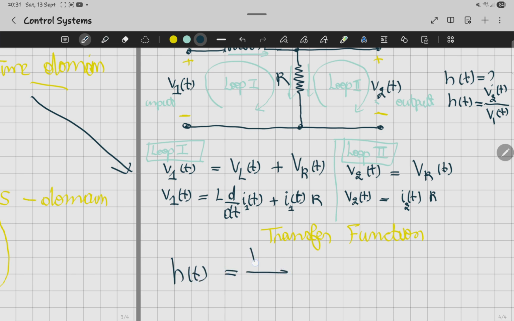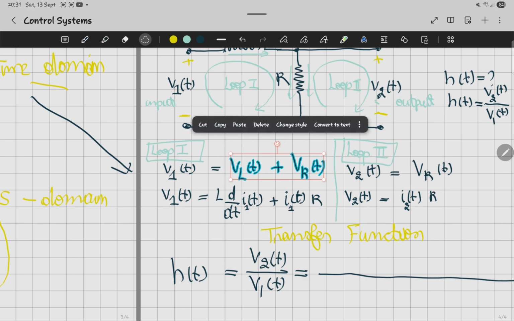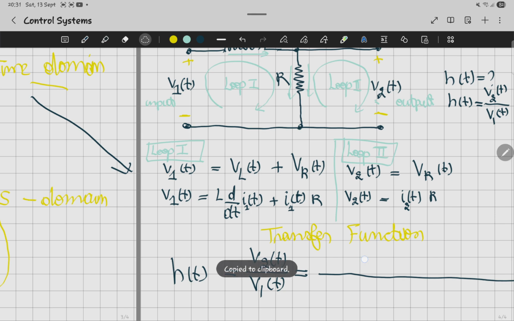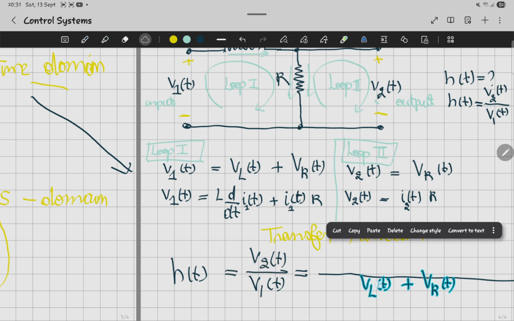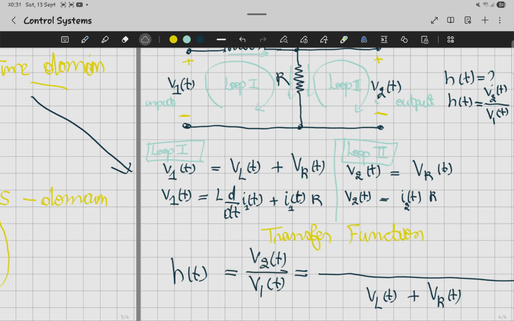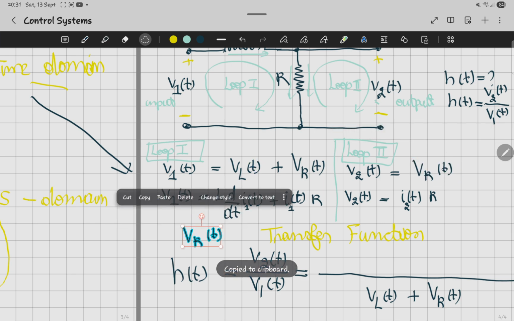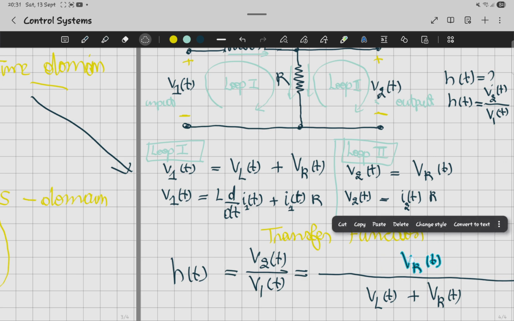It's going to be v2 of t over v1 of t. So the equation that you see here is what I'm going to put on the bottom, and the equation on V2 I want to put at the top.